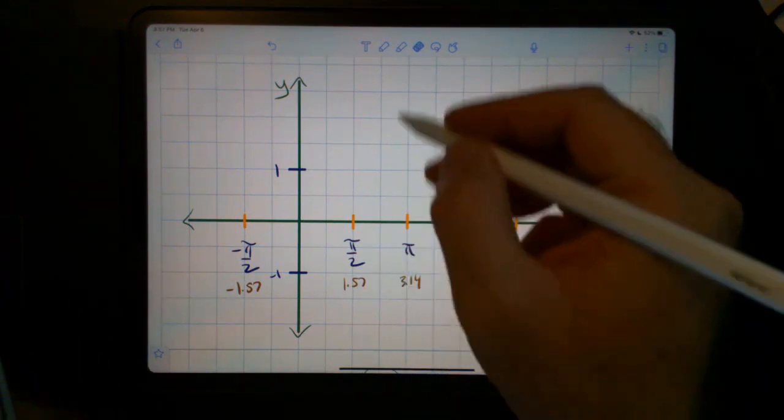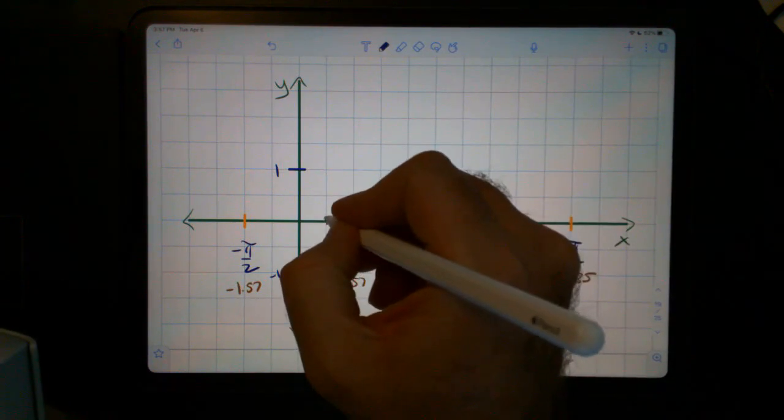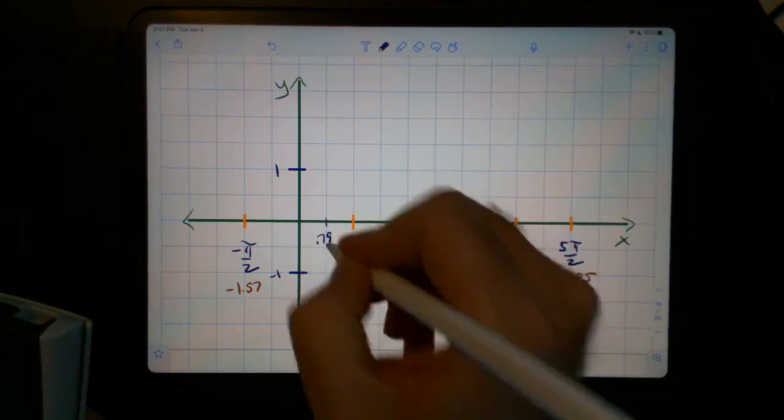So if this is 1.57, then this mark right here is going to be about 0.79.